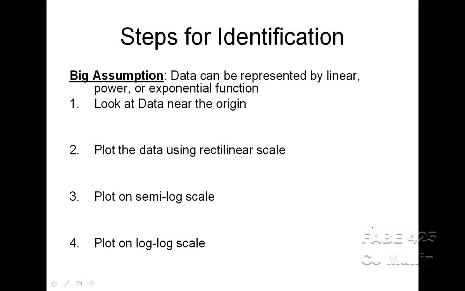If it is passing through the origin, then we know that it's not an exponential. So we can rule that out right off the bat. Now, if for some reason we know that b is equal to 0, then it could be a linear, and it also could be a power function if the m value is greater than 0.